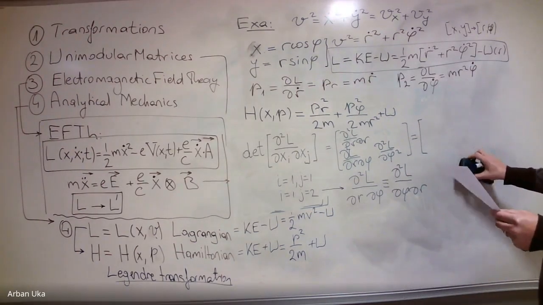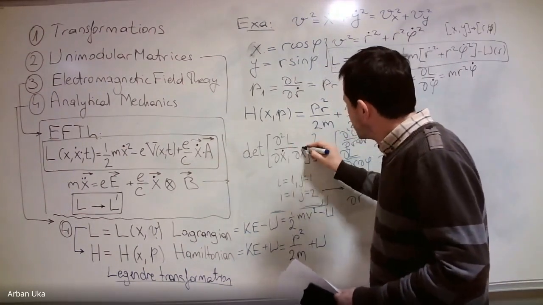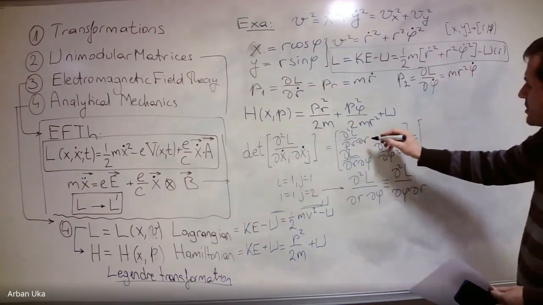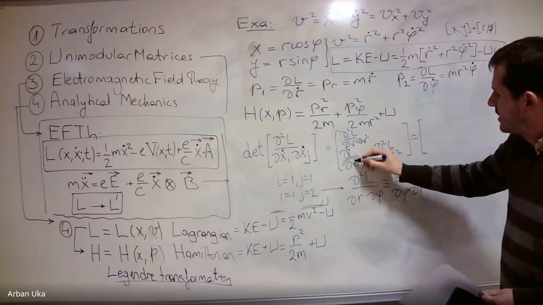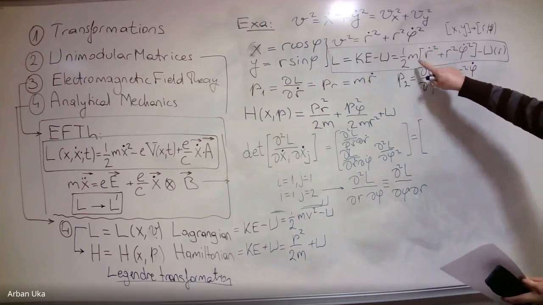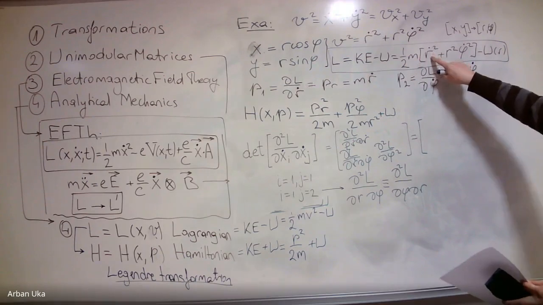Wait a second, sorry, I made a mistake here. These are derivatives with respect to the velocities. I forgot this, so let me repeat. What would be the derivative of the Lagrangian with respect to the velocity along r?